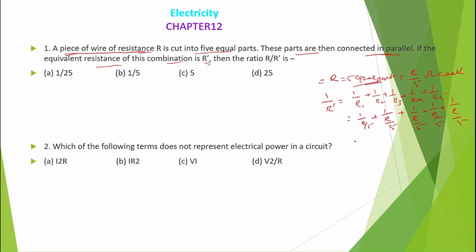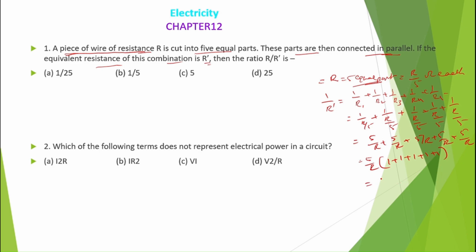If you simplify this, you will get 5 by R plus 5 by R plus 5 by R plus 5 by R plus 5 by R. You take 5 by R common factor. So what is left? 1 plus 1 plus 1 plus 1 plus 1.